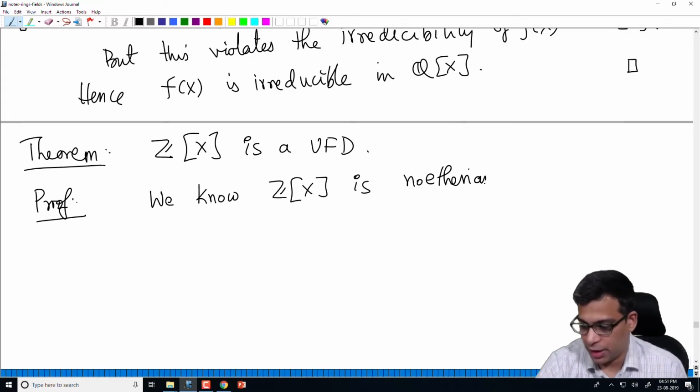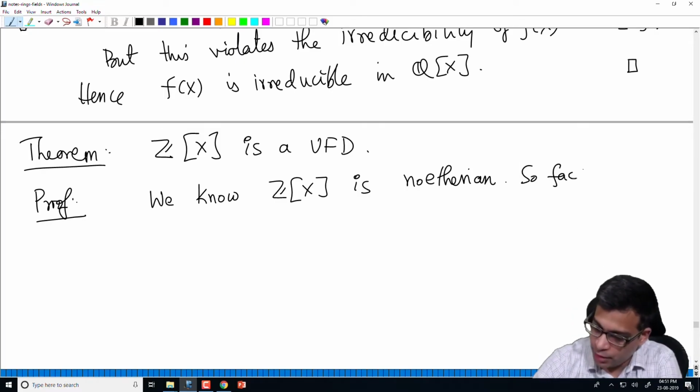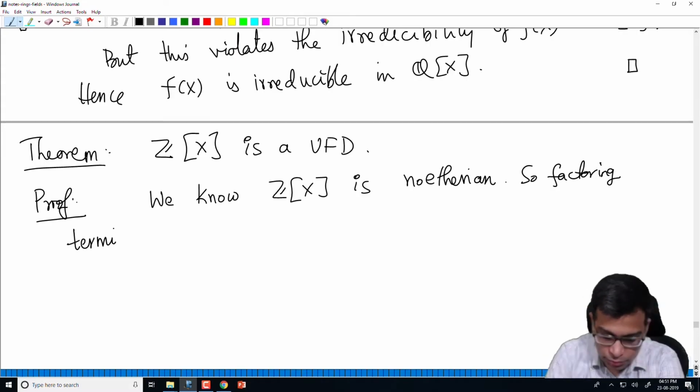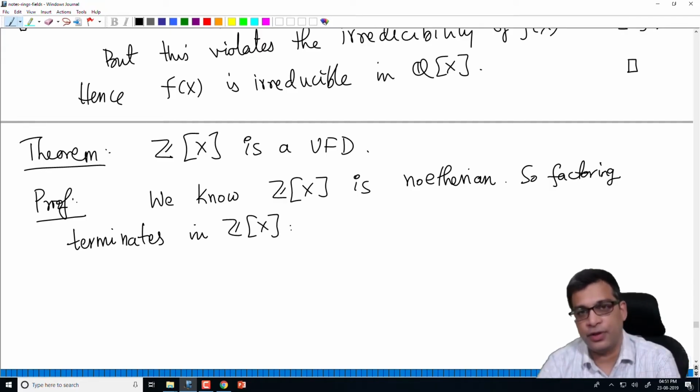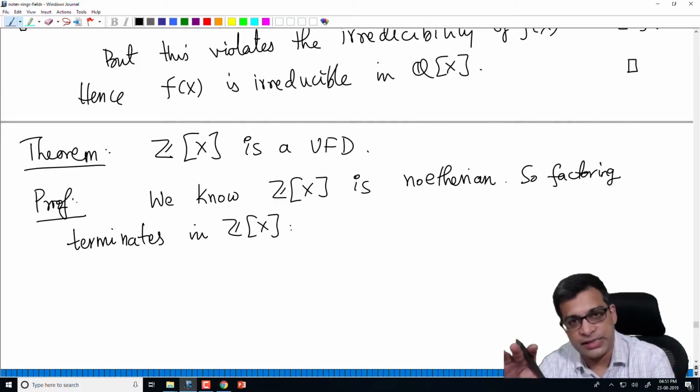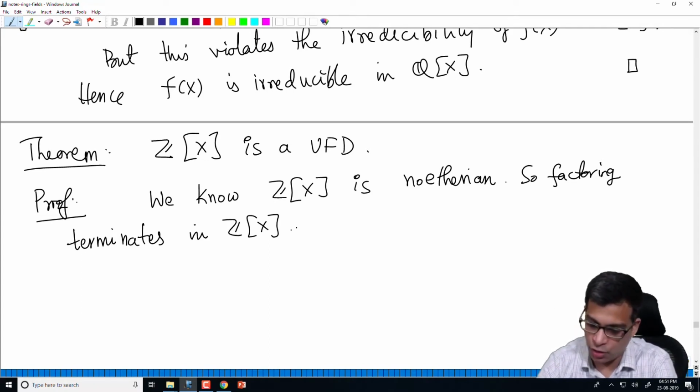By Hilbert basis theorem, Zx is Noetherian because Z is Noetherian. So factoring terminates. Remember, in an integral domain, factoring terminates if the ascending chain condition on principal ideals holds. In fact, in Zx, the ascending chain condition holds for every chain of ideals, so it's a stronger condition.